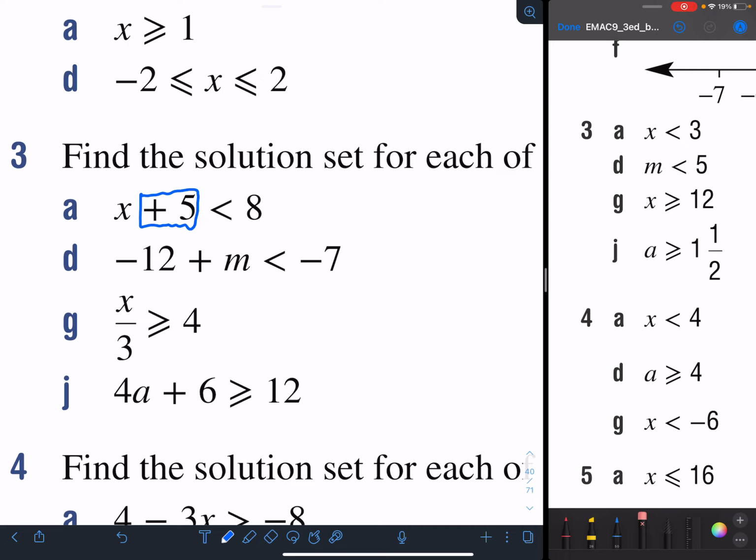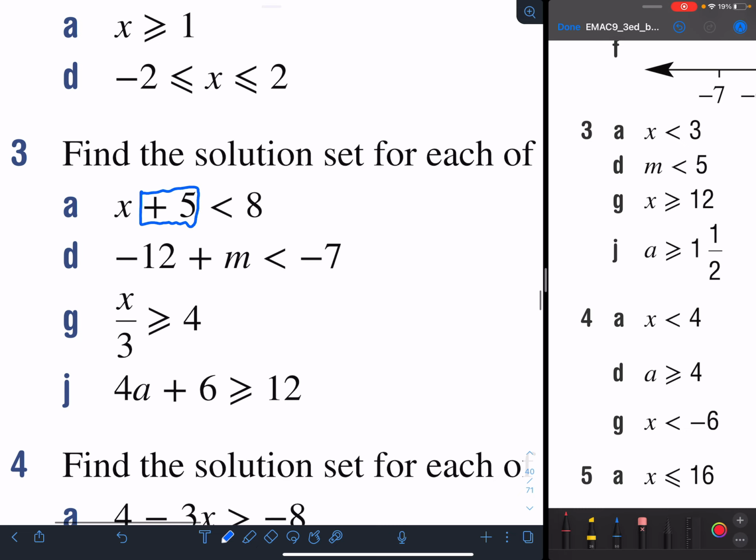That means we subtract 5 from both sides. On the right-hand side, 8 minus 5 is 3, so x is less than 3, as we can see in our answers.